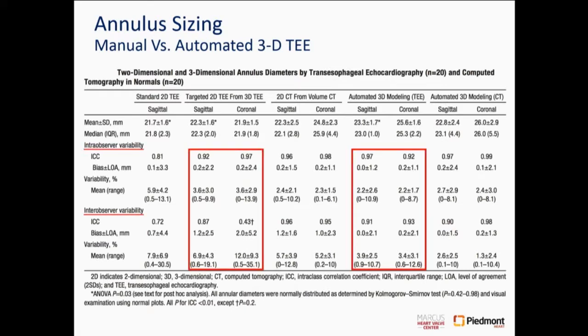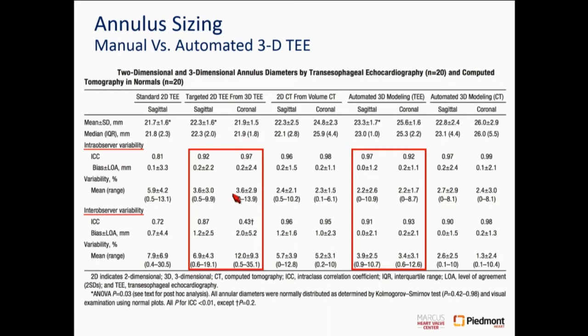And one of the big advantages we noticed is in variability. You can see the intra-observer variability is better with 3D TEE, but inter-observer variability is where we saw the biggest advantage in terms of using automated.